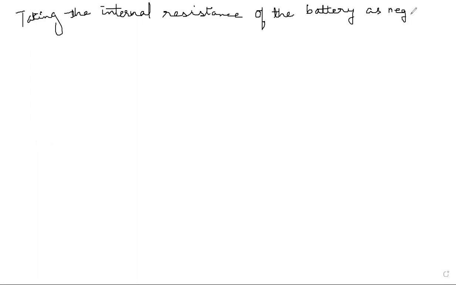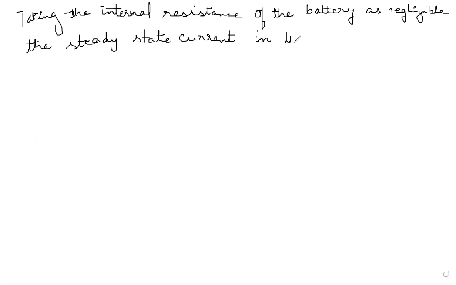So we are going to neglect that. The steady state current in the 2 ohm resistor shown in the figure.